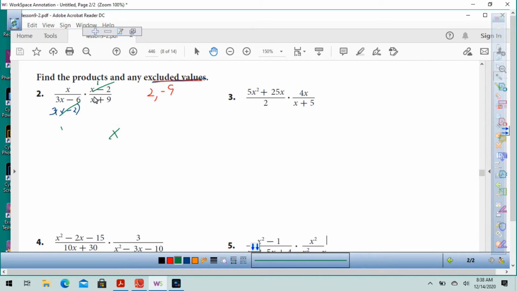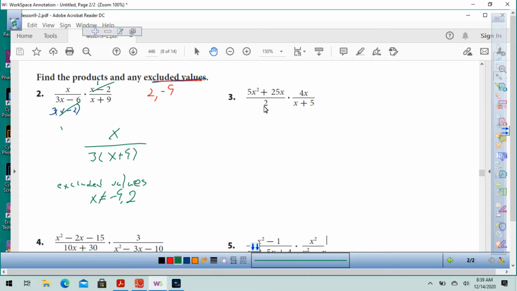And then you've got 3 times x plus 9. And the excluded values are x cannot equal negative 9 and x cannot equal 2.